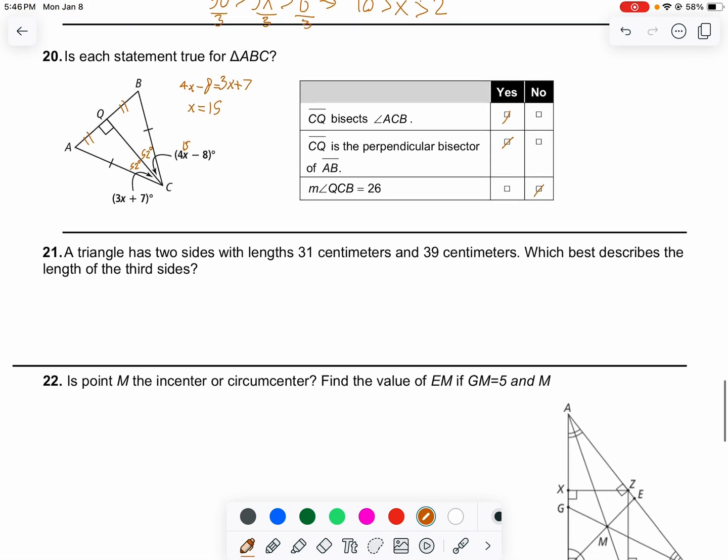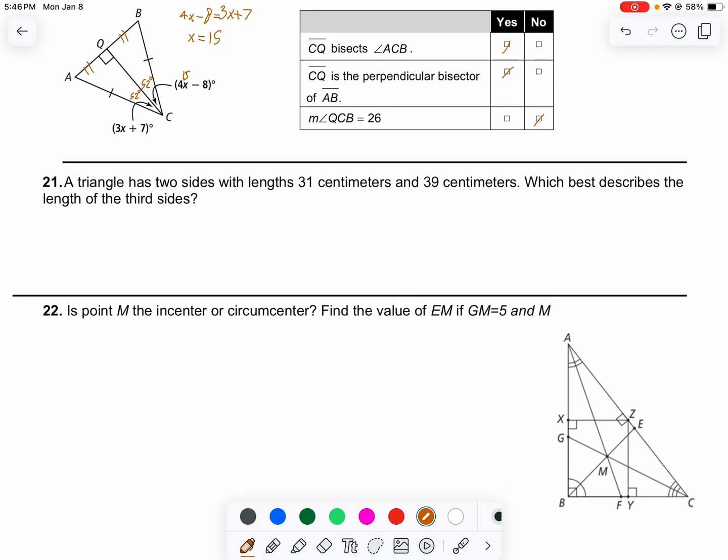All right, with that taken care of, let's go to 21. A triangle has two sides whose lengths are 31 centimeters and 39 centimeters. Which best describes the length of the third side? Now this goes into, if it's too long, you can't make a triangle. If it's too short, you can't make a triangle. So we know that 39 minus 31 is equal to 8.